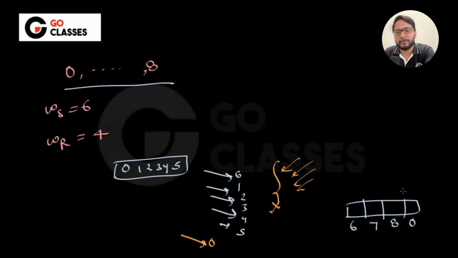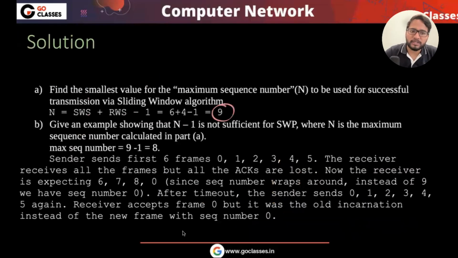Have you understood this example? Let me also read it out. So what they are saying, the sender first sends 6 frames, 0 to 5. The receiver is expecting next 6 to 0. Since the sequence number wraps around, instead of 9, we have the sequence number 0. After timeout, the sender sends 0 to 5 again. Okay, but if all ACKs are lost, then you have 0 to 5 again.